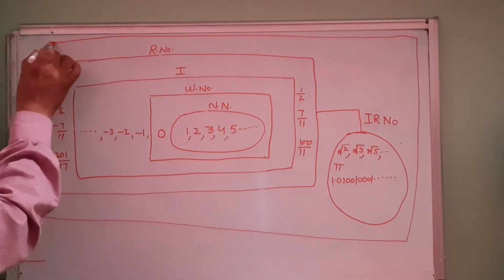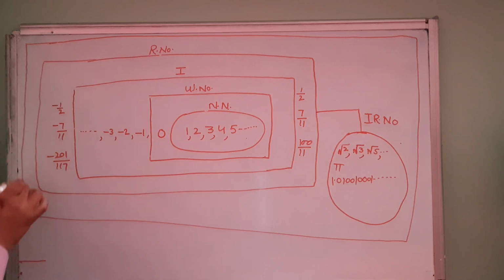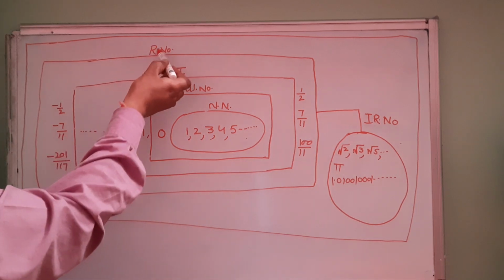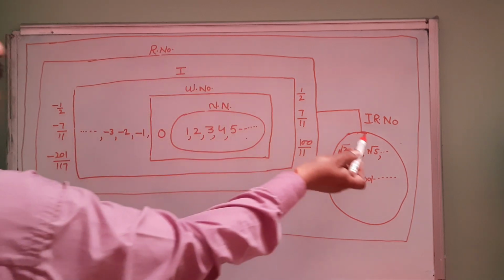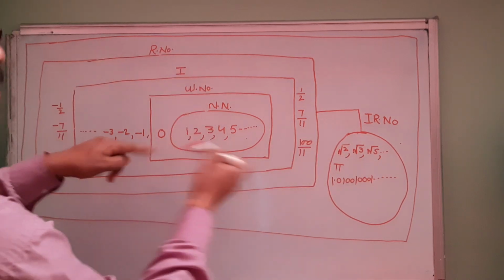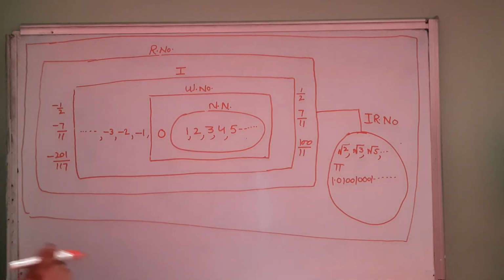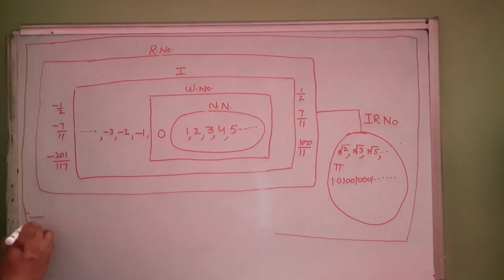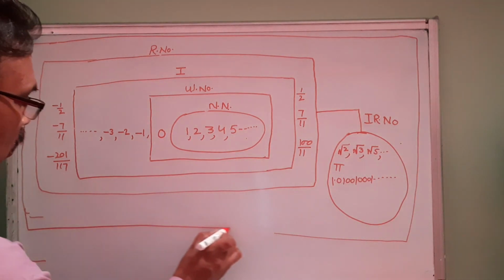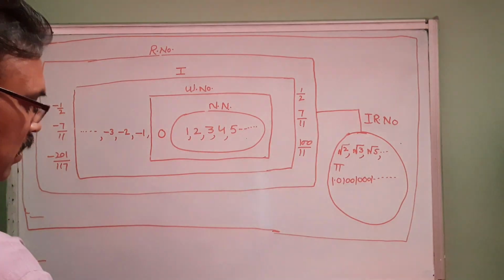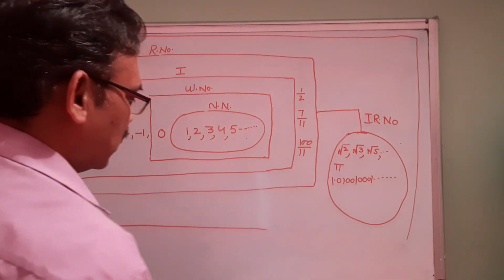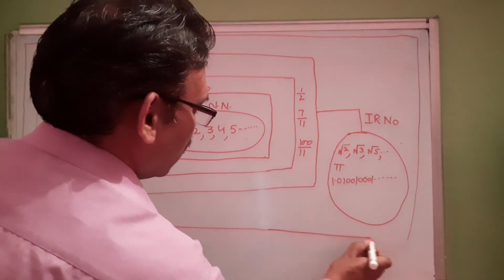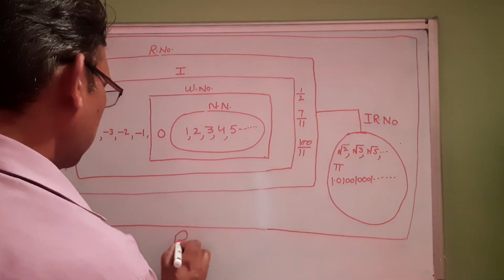Now see, this big box mainly contains the rational number box and the irrational number box, meaning rational numbers and irrational numbers. These two are placed in this rectangular box, and this rectangular box is given the name real numbers.